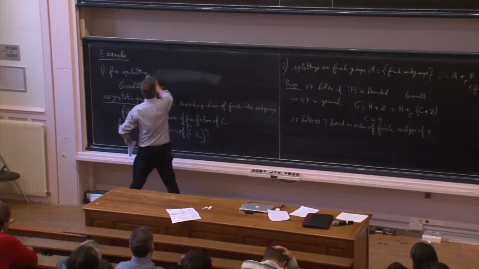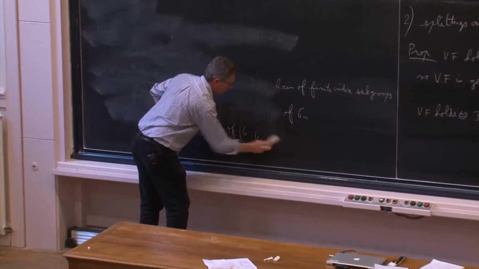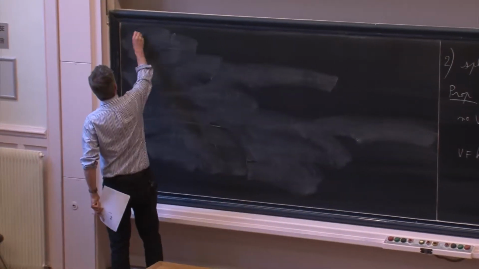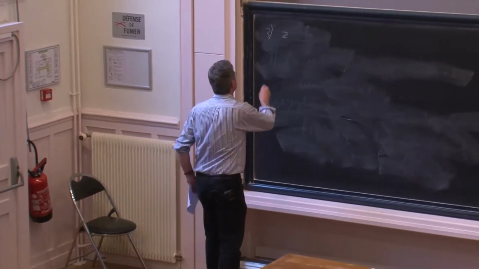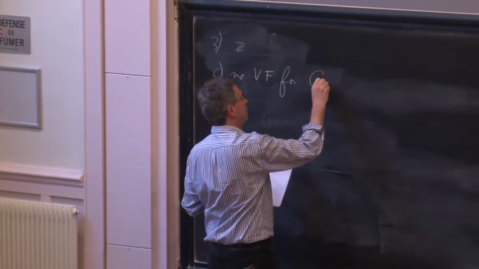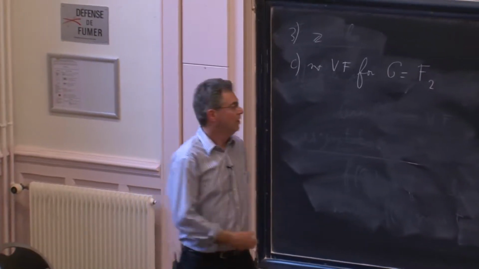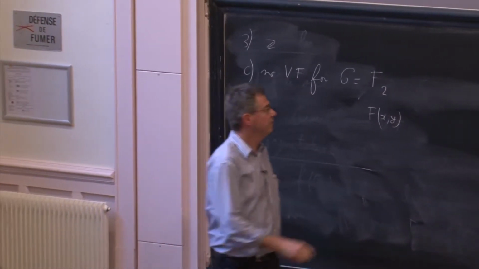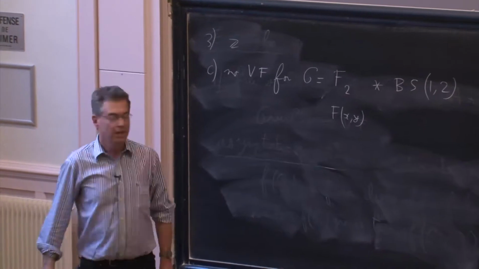Okay, so I'm still in splittings over cyclic groups, and now C is Z. There is no vertex finiteness for the following group. So G is going to be an amalgam of F2, which is a free group of rank 2, which I will think of as the free group on x and y, and I will amalgamate it with a solvable Baumslag-Solitar group BS(1,2).